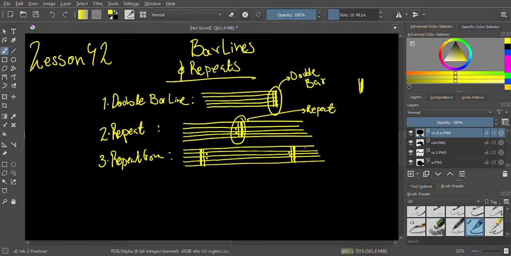Then when you reach the repeat sign, normally you would go back to the beginning, but whenever this sign exists somewhere in the music, instead of going back to the beginning, you go back to repeat from the nearest one of these signs. So instead of playing all the music from the beginning again, you repeat only from here. So you only play the music in between these two bar lines. You repeat only that music.